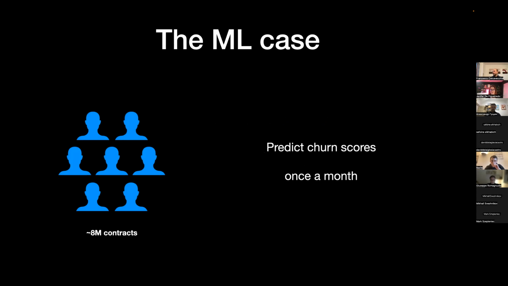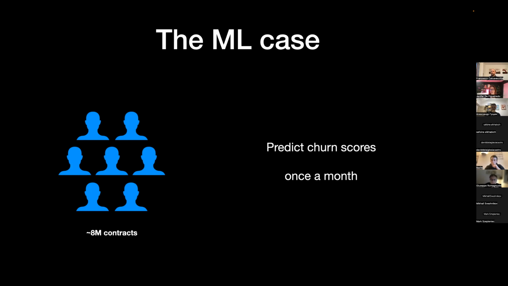And therefore, the machine learning case I'm going to talk about is related to that, and in particular is about churning. We have around 8 million contracts. I think we have about 80 to 90% of the market share in Germany. So a huge number.